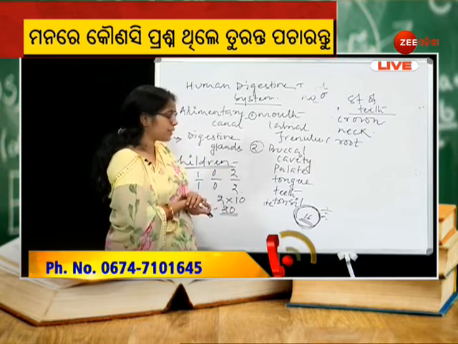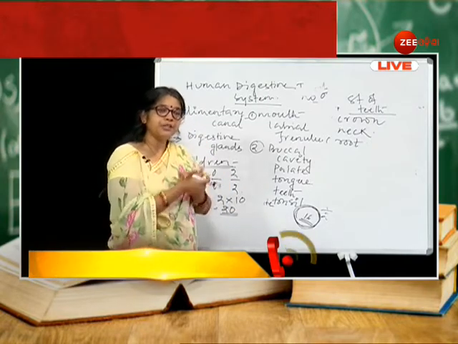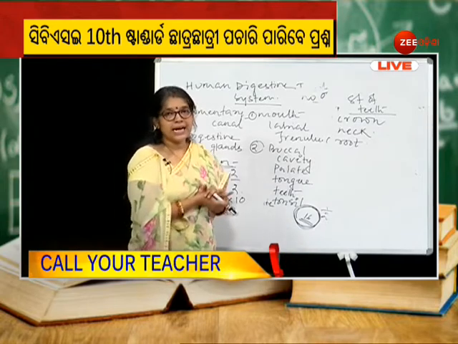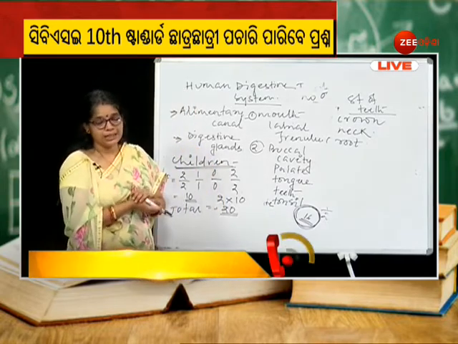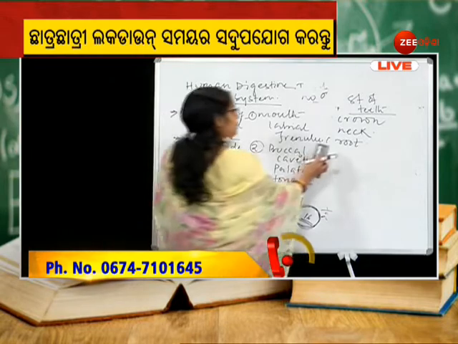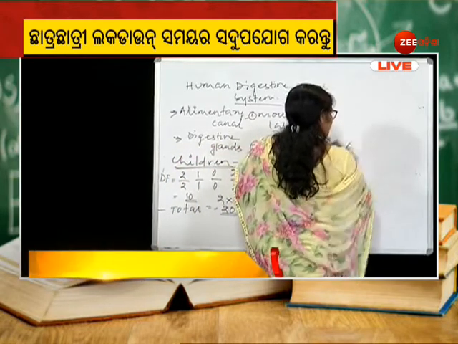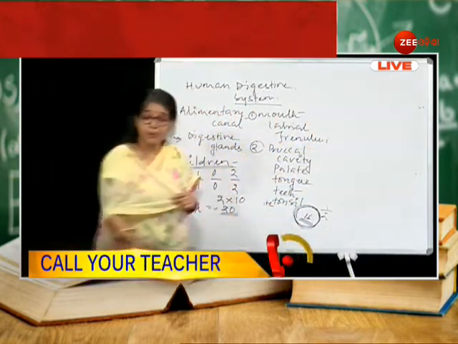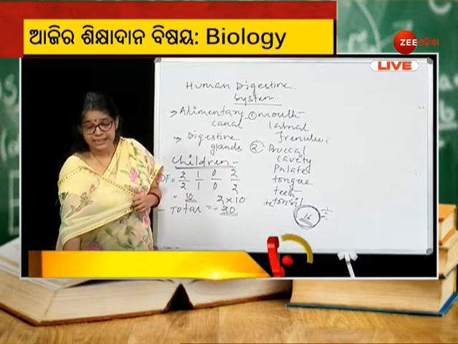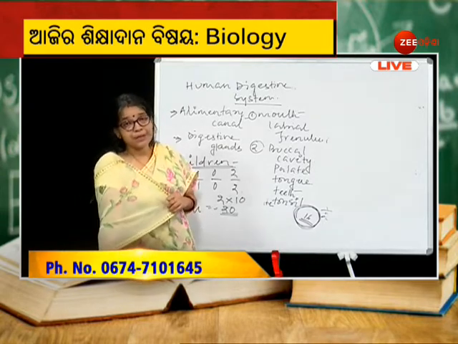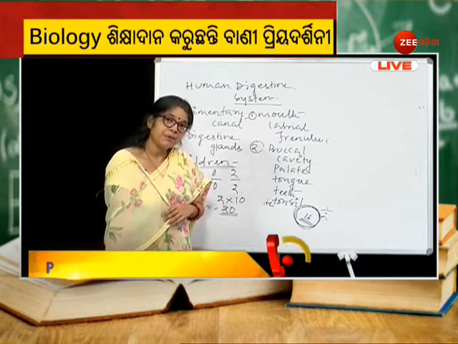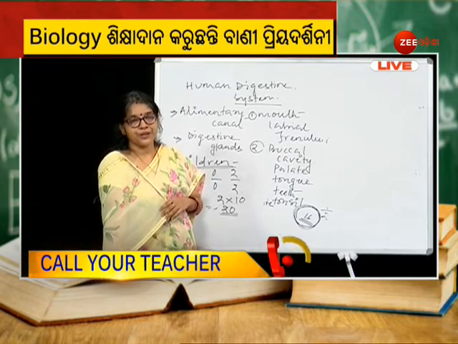The tonsil, which is present at the end of the palate, mostly at the end of the soft palate, is regarded as a lymphoid organ. Why is it regarded as a lymphoid organ? Lymphoid organs may be divided into primary lymphoid organs and secondary lymphoid organs.